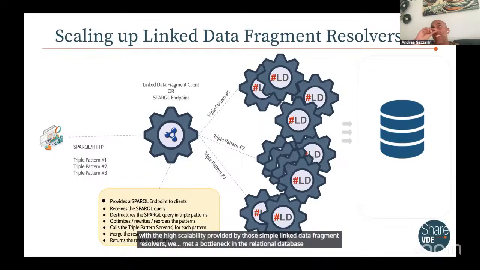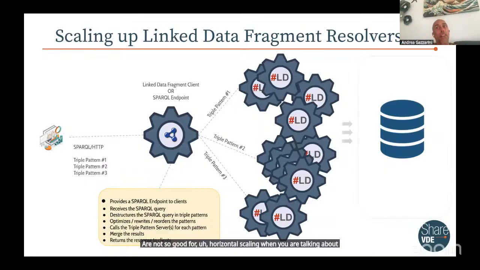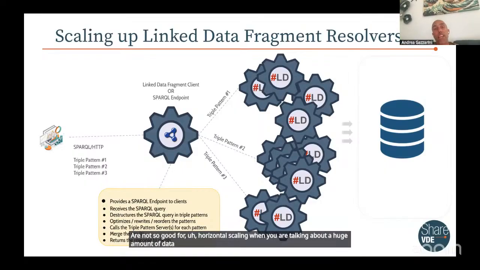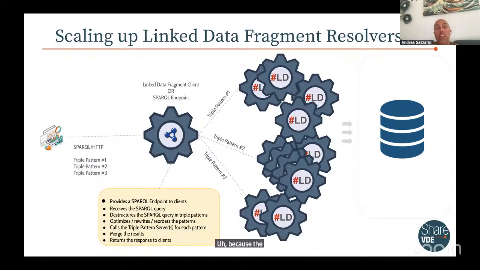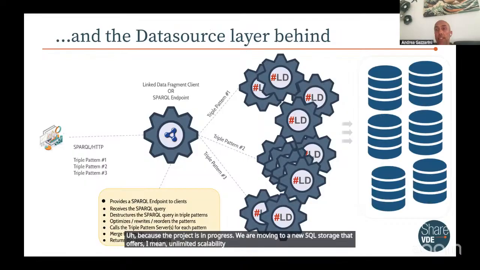The relational database, in this case Postgres, is not so good for horizontal scaling when you are talking about a huge amount of data. So we are moving, because the project is in progress, to a NoSQL storage that offers unlimited horizontal scalability.